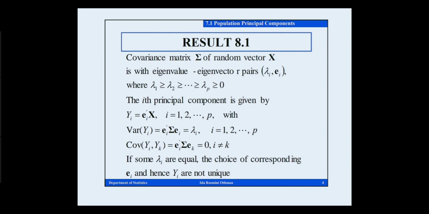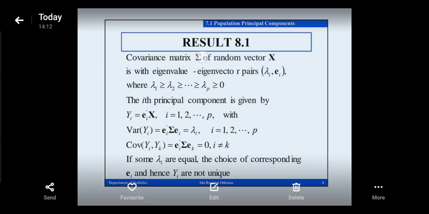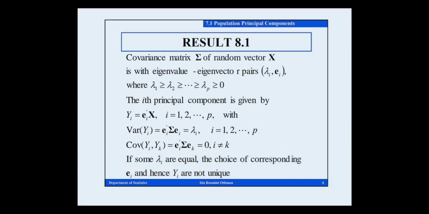Okay, let's see the first theorem. Let's say we have the covariance matrix big sigma of a random vector x. We have random vector x, so it can be x1, x2 until xp. We have the variance covariance matrix big sigma with the eigenvalues and eigenvectors lambda i and ei.